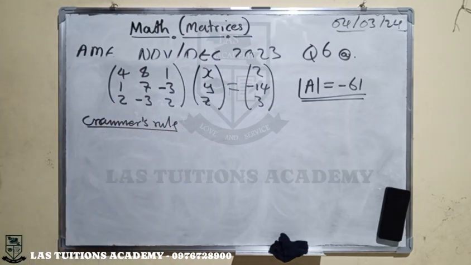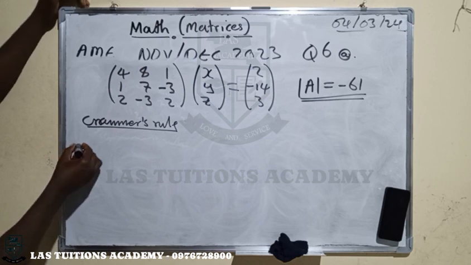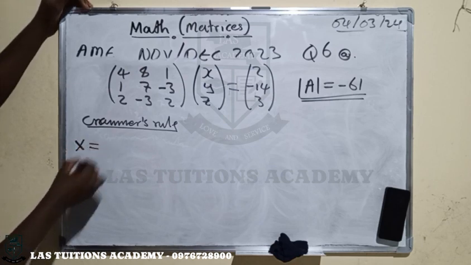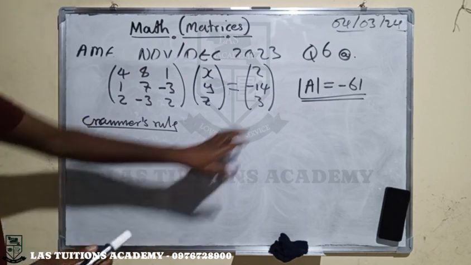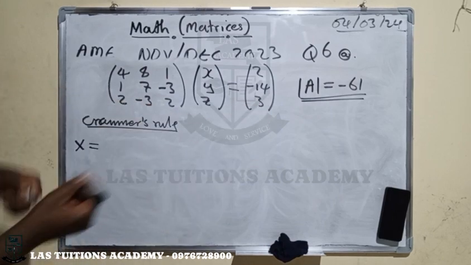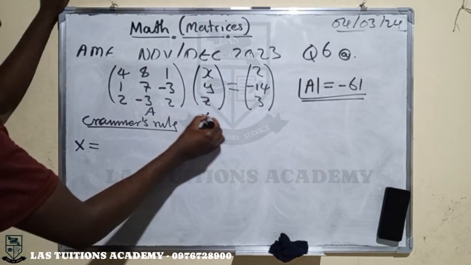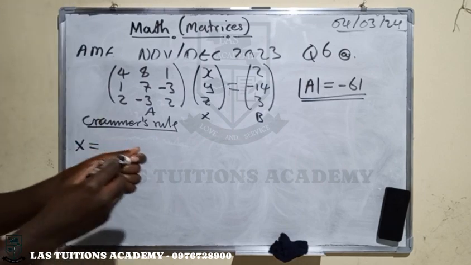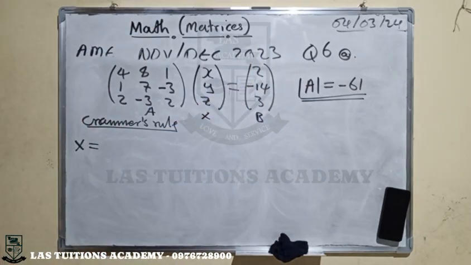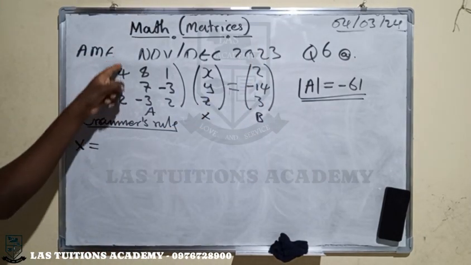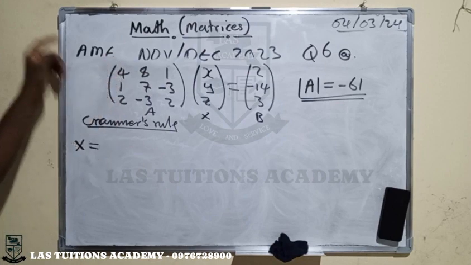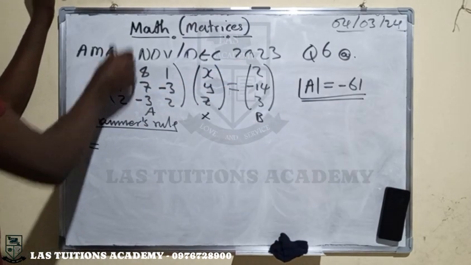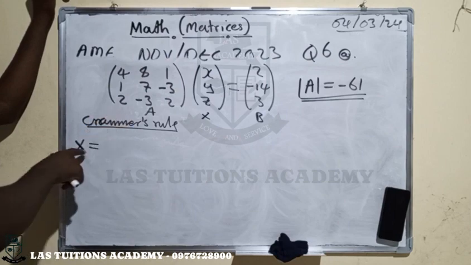With Cramer's rule, what we do for us to find x is this: because we said this is A, this is x, and this is b, you get the column matrix B and replace it where there is the first column. So you just get this and replace it where there is the first column, for you to find x.